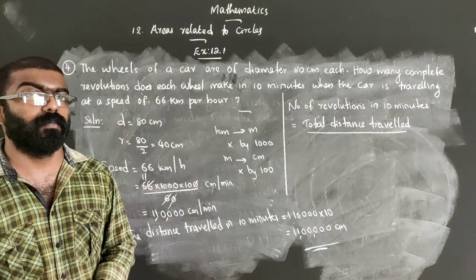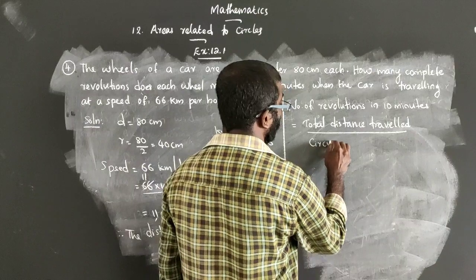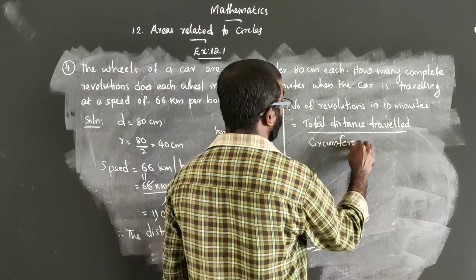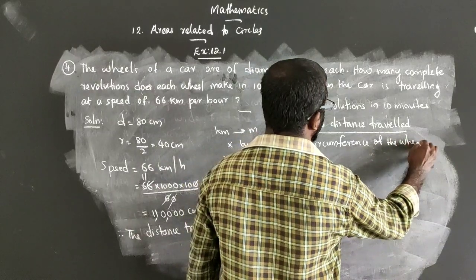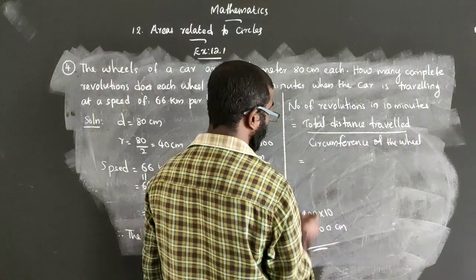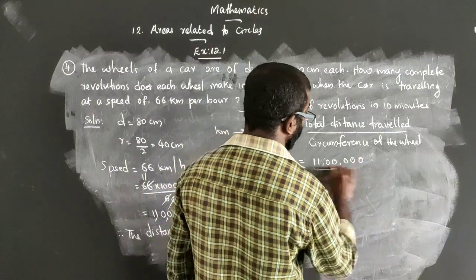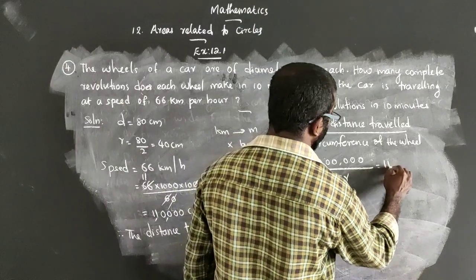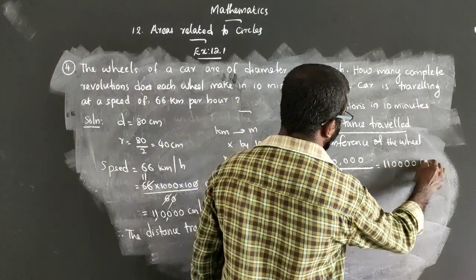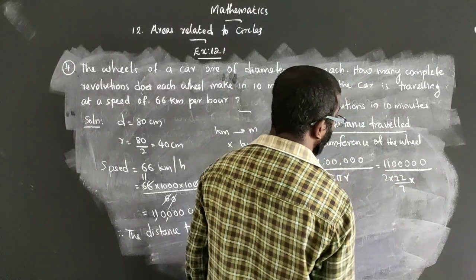Here the wheel is in the shape of a circle. So we can write circumference of the circle. That is 11 lakh divided by 2 pi r, and which is 11 lakh divided by 2 into 22 by 7 into radius.